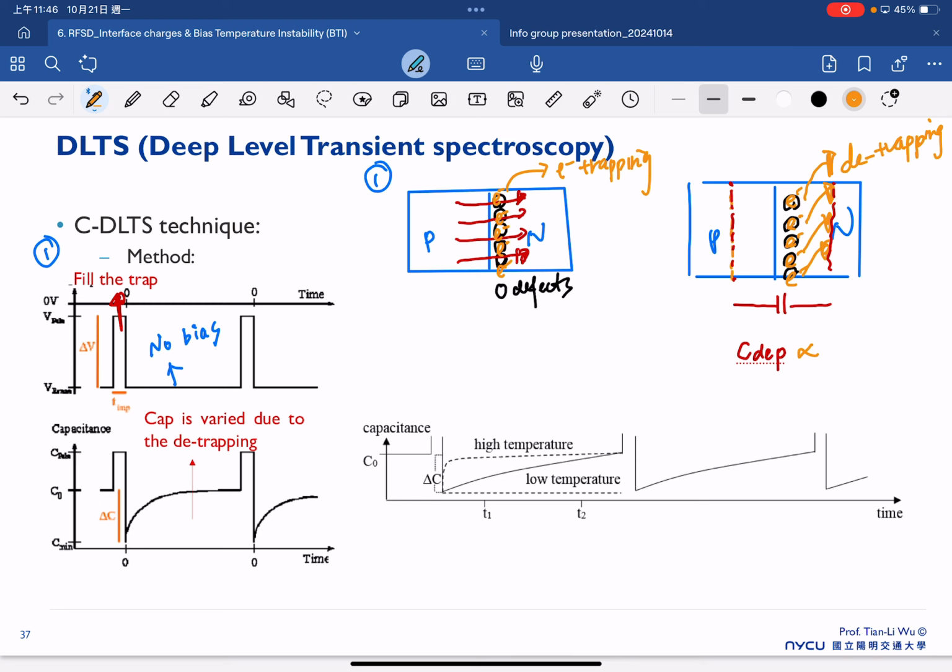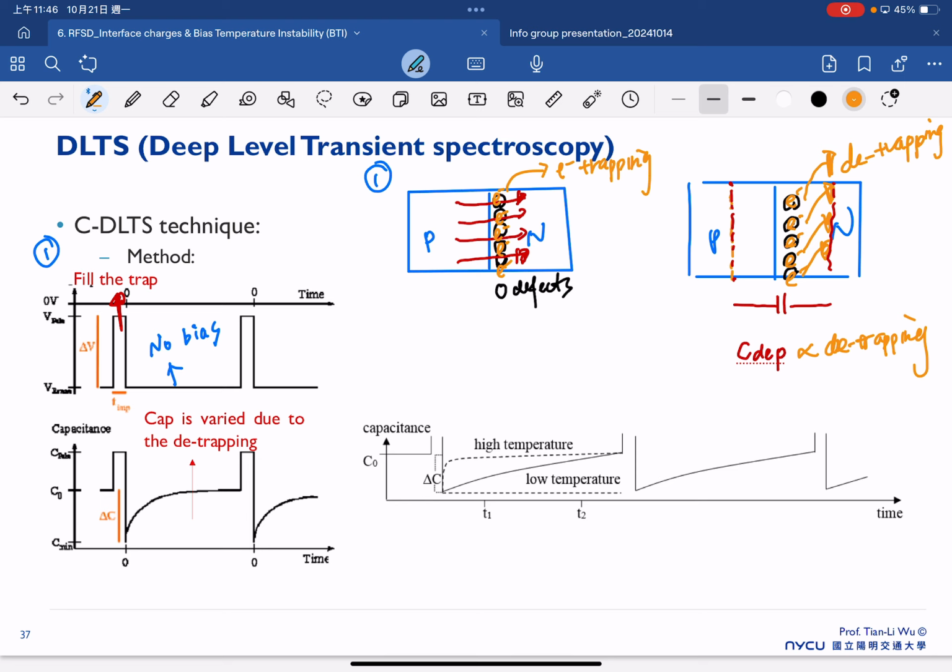So once we have detrapping, that means we will influence our depletion width, and in the end influence our capacitance. So depletion capacitance is definitely correlated to our detrapping here.